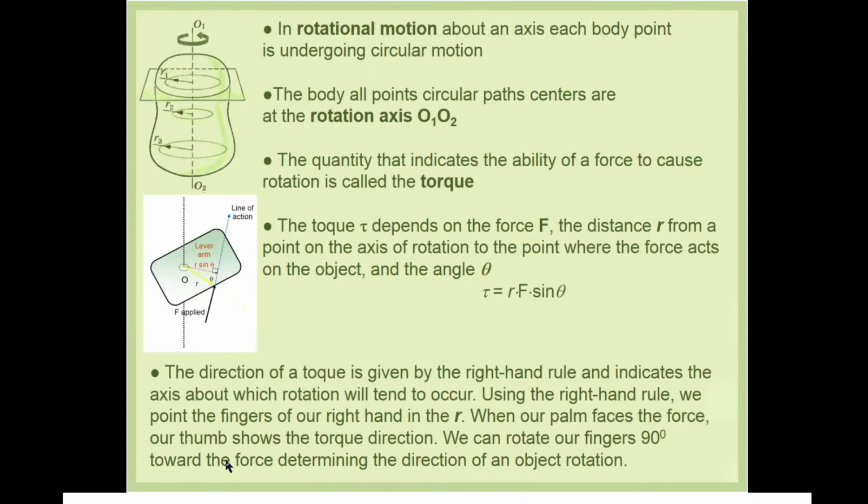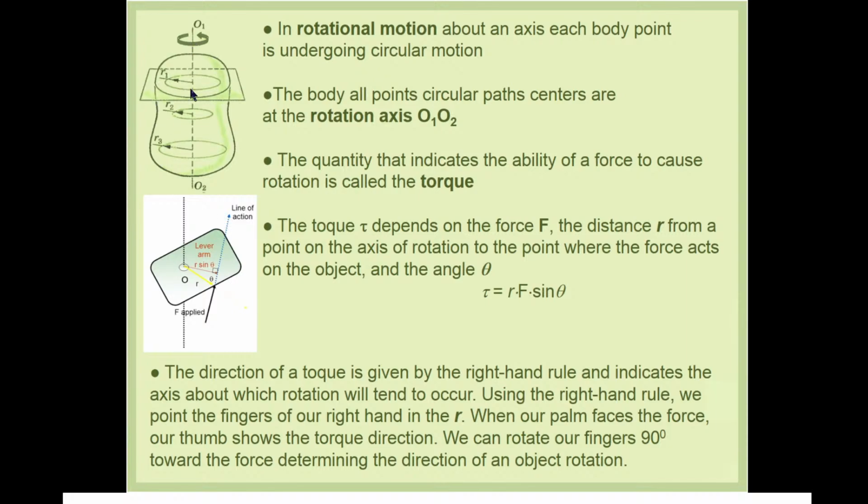In rotational motion about an axis, each body point is undergoing circular motion. For all points of the body, the circular paths have their centers at the rotation axis, as in this particular case.